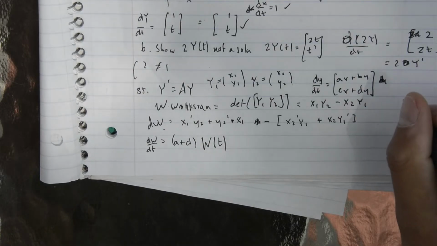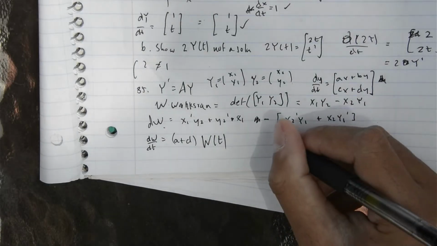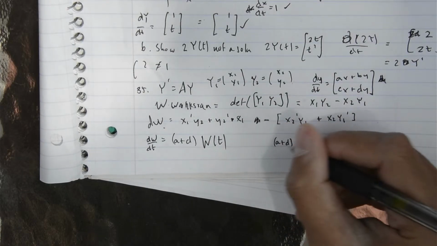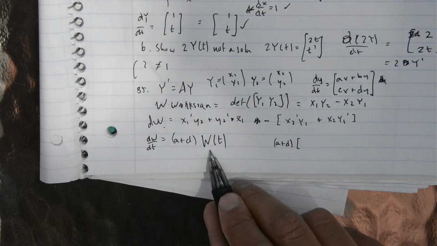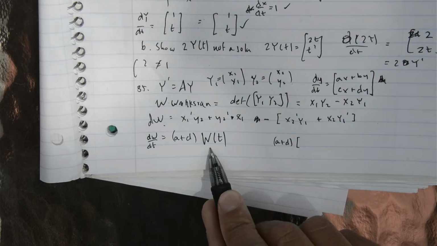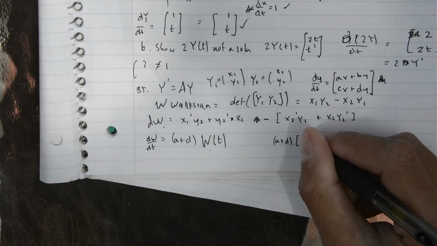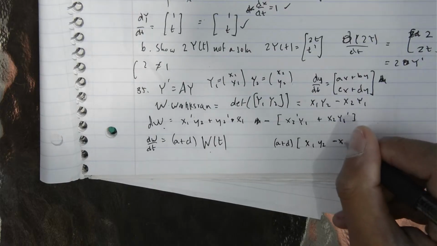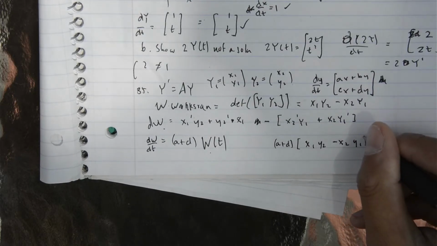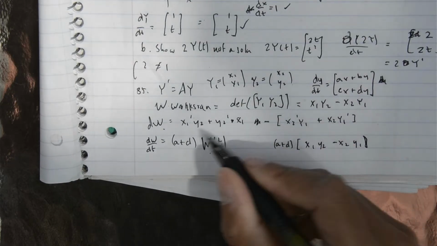So what they're trying to say is that if we have a plus d times x1 y2 minus x2 y1, that's going to be equal to this?